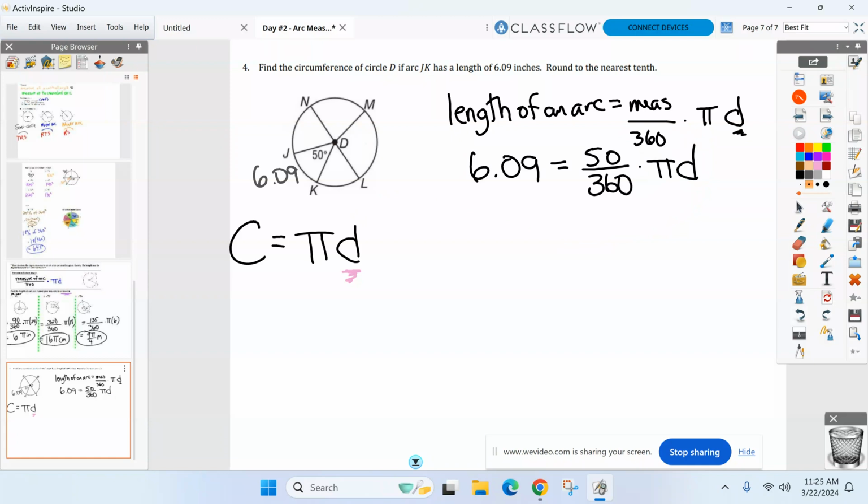Divide by. I could divide it over, or I could also multiply both sides by the reciprocal, 360 over 50. Your call. Either divide both sides by 50 over 360 or multiply both sides by the reciprocal.